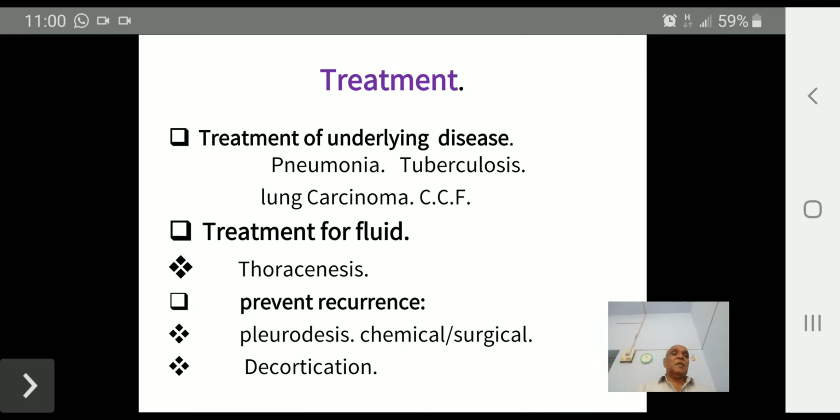If recurrences occur, it should be blocked by pleurodesis. Pleurodesis is of three types: biological, chemical, and surgical. Decortication is also done to prevent the recurrence of the effusion.